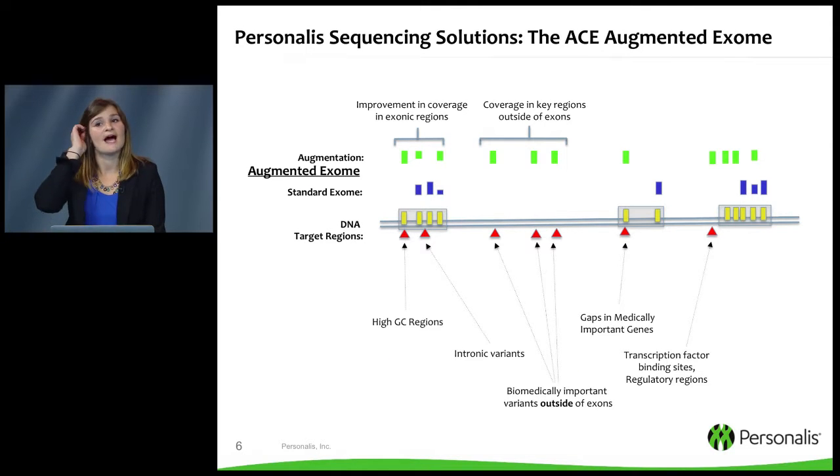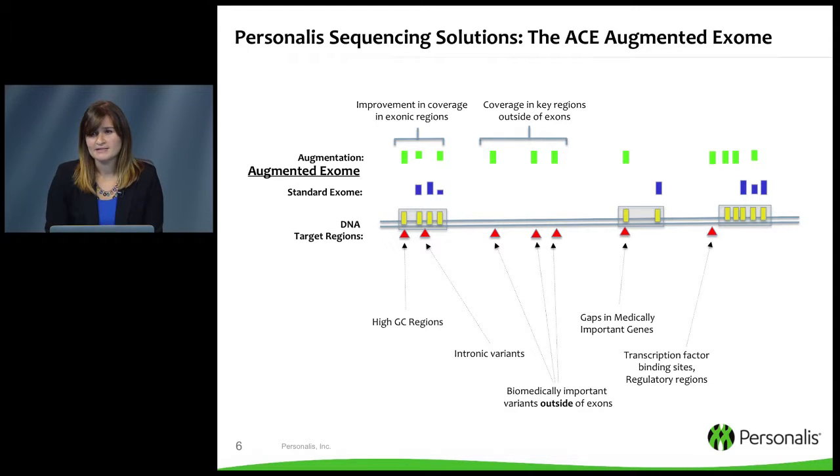So to address these gaps in the standard exome, we at Personalis have developed our ACE technology, and ACE stands for Accuracy and Content Enhanced. We've implemented a series of both probe design steps as well as optimization of sample library prep to augment coverage. And we've built an ACE exome design that works by taking the standard exome, here in blue, and adding supplemental coverage in green.